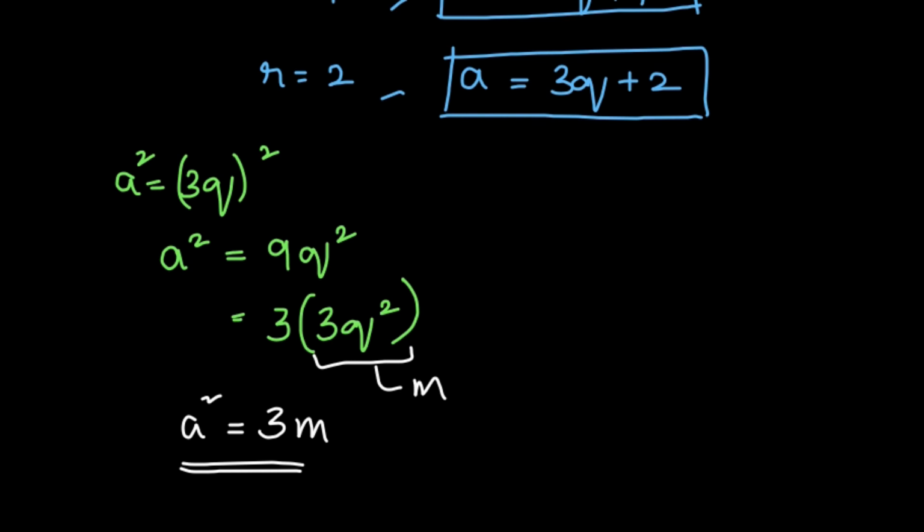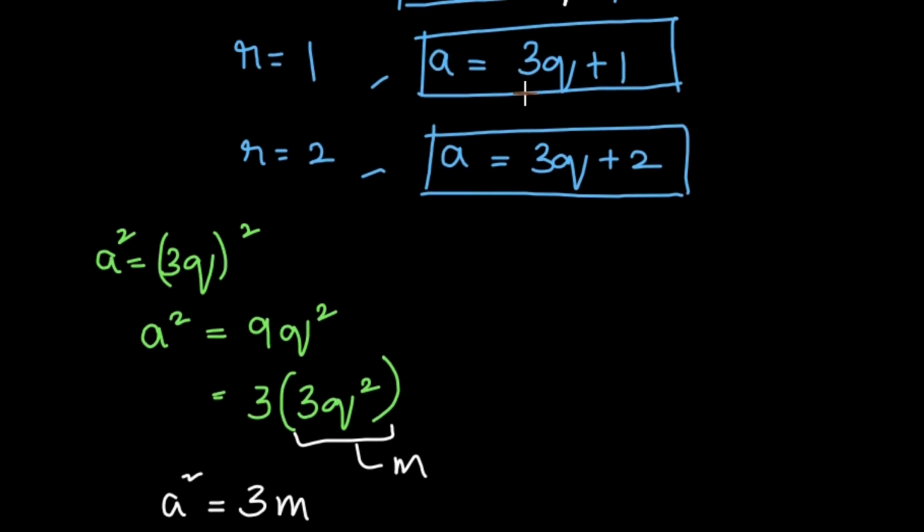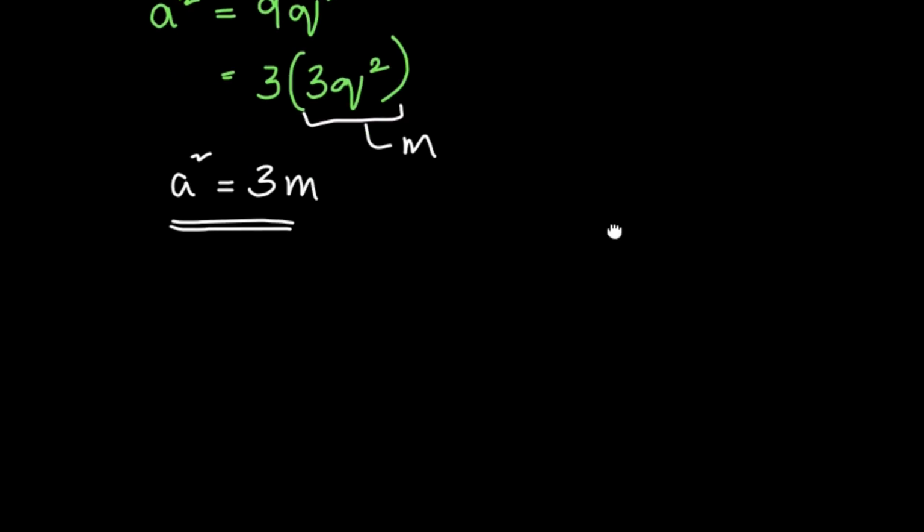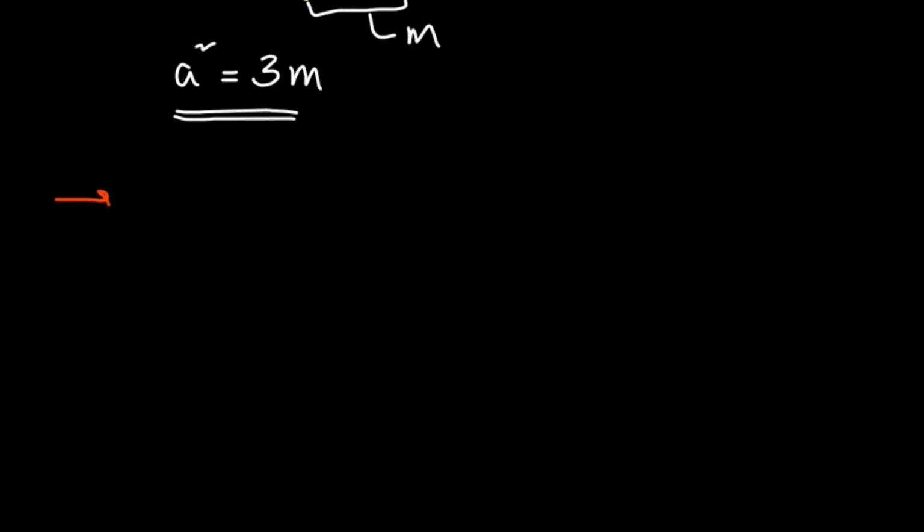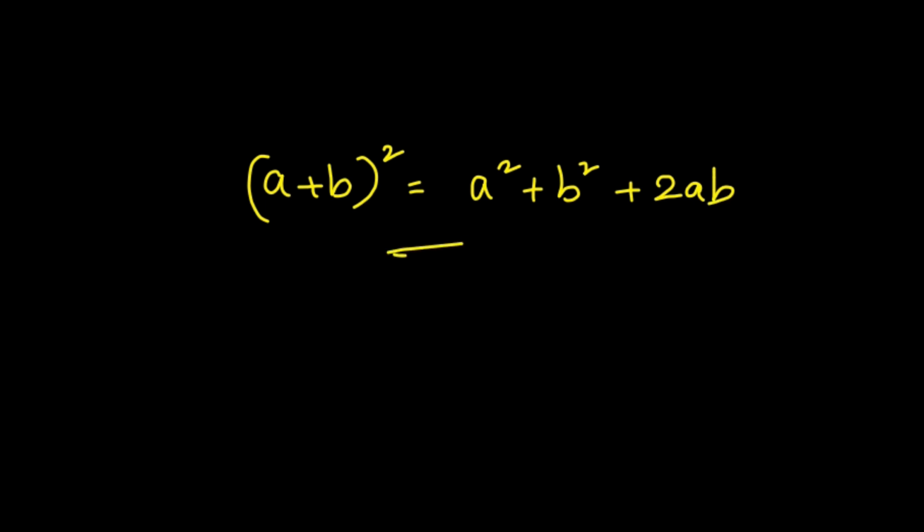नाउ नेक्स्ट इसको हम स्क्वायर करेंगे, a इक्वल्स 3q प्लस 1 को, a इक्वल्स 3q प्लस 1 होल स्क्वायर। यहाँ पे आप यूज़ करेंगे फॉर्मूला a प्लस बी होल स्क्वायर इक्वल्स a स्क्वायर प्लस b स्क्वायर प्लस 2ab। Remember this formula.